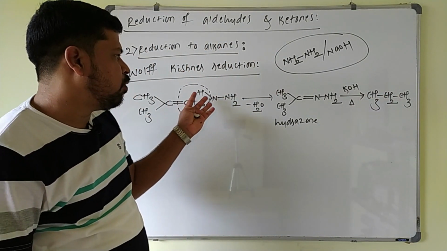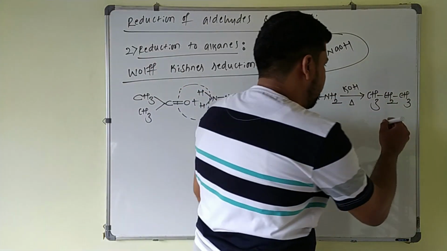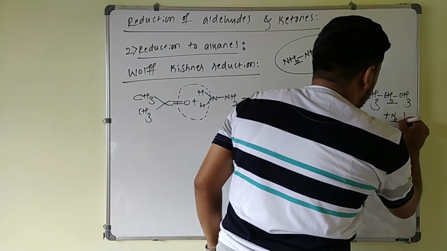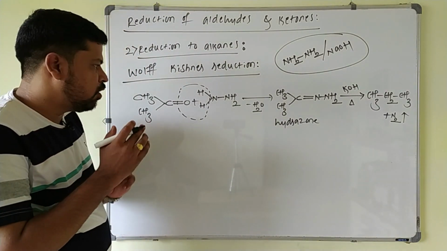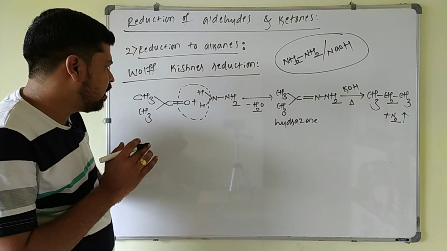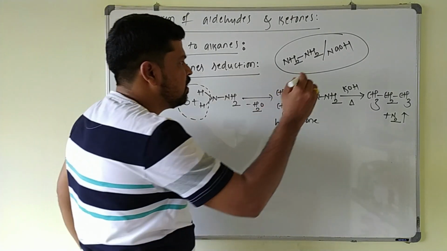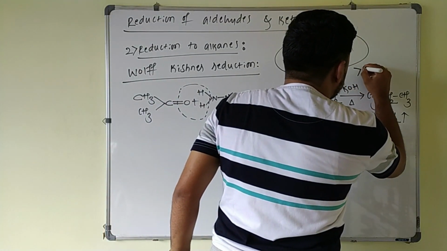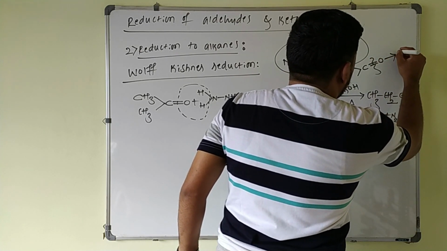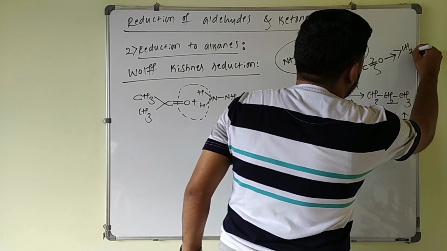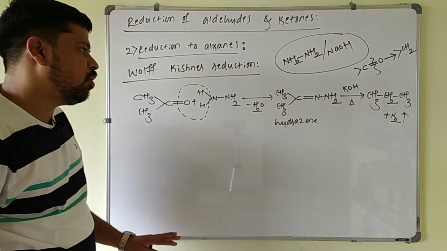So that corresponding alkane is produced here with elimination of what? That N2 molecule. Here also these double bonds are not affected. And one more thing you keep in mind, in this case also this carbonyl group is converted into CH2 group. Okay, double bonds are not affected.